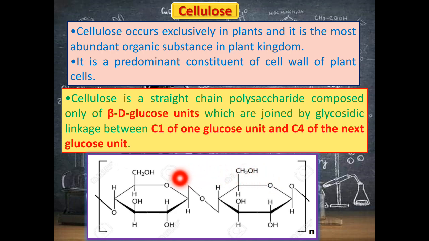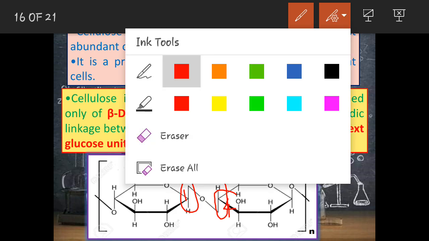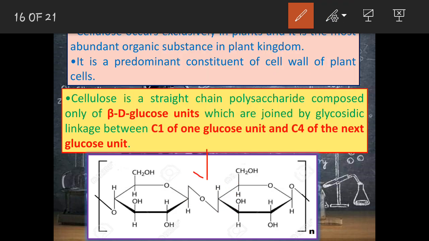Here an OH was there in one glucose unit, and here an OH group was there, and these OH groups undergo dehydration, loss of a water molecule, and link through a glycosidic linkage. This glycosidic linkage is present between C1 and C4: the C1 carbon links with the C4 carbon, so this linkage is C1 C4 glycosidic linkage.